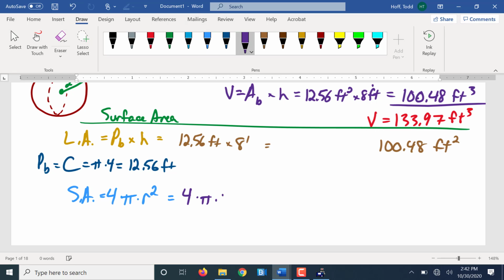So 4 times pi times 2 squared gives us, 2, yep. Is it 100? I'm getting 50.24.